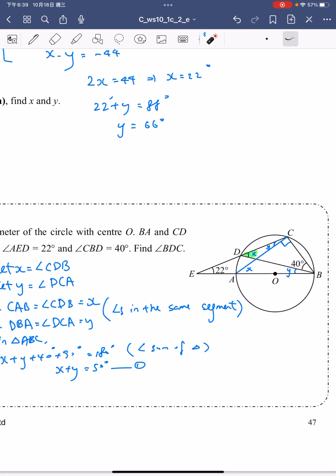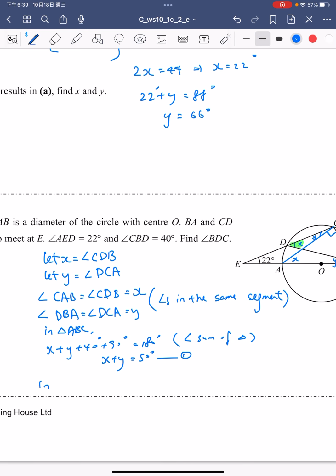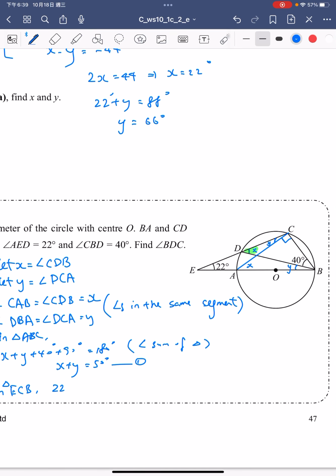If you're trying to look at this triangle, the whole triangle here, the triangle ECB, in triangle ECB, we have 22 degrees plus y plus 40 plus y plus 90 degrees is going to be equal to 180 as well.